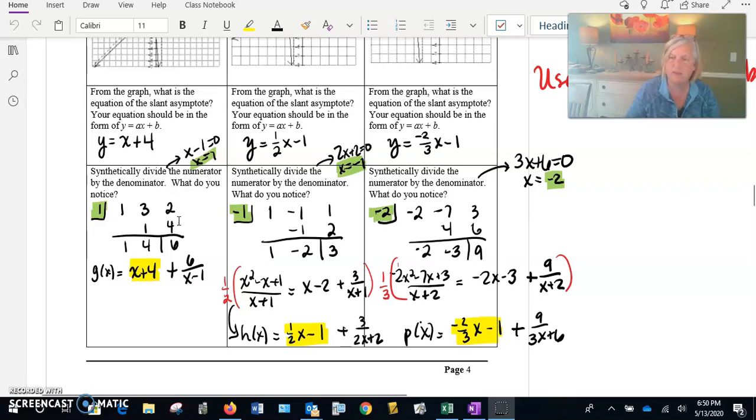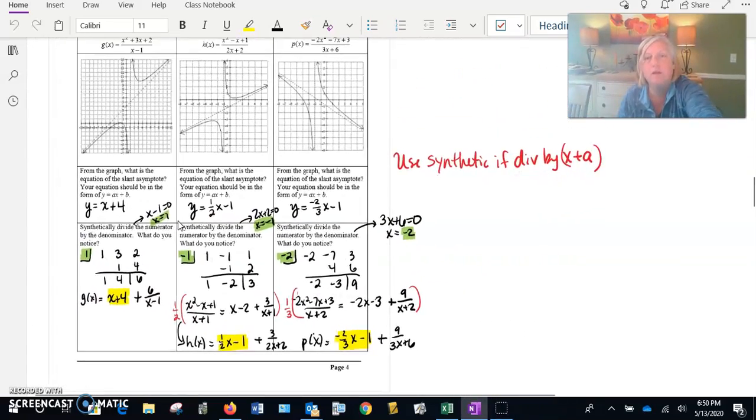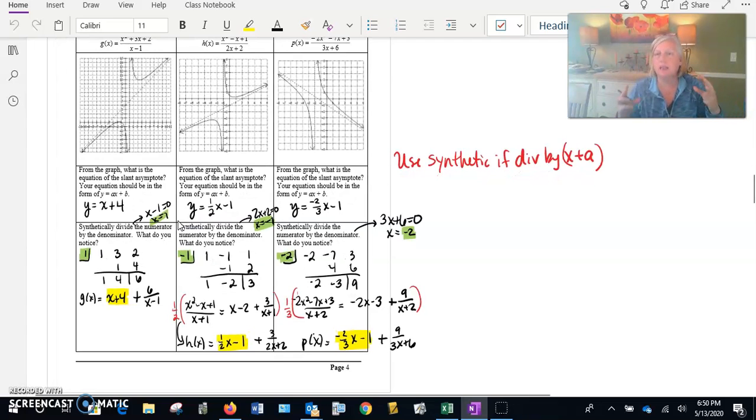So it has to be in that linear form, dividing by a linear form with a coefficient of 1. And if you were dividing by something like mx plus b, this caused some problems when you were doing the division. I'm going to talk about that in the other two examples.